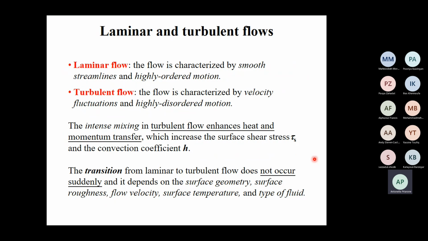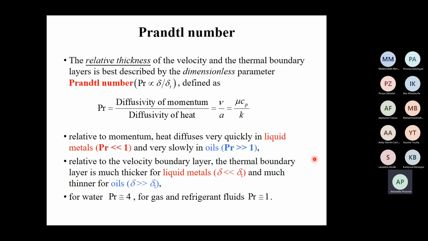We have introduced another dimensionless number, that is the Prandtl number. The Prandtl number is a number used to compare the behavior of a fluid from the fluid dynamic point of view and the behavior of a fluid from the thermal point of view. It contains thermophysical properties of a fluid.